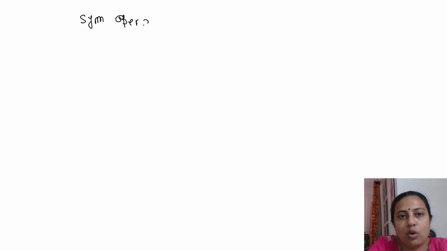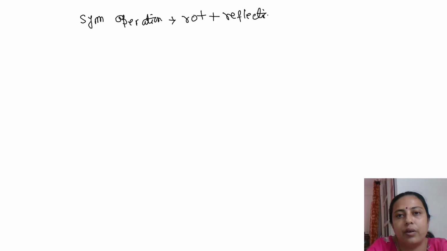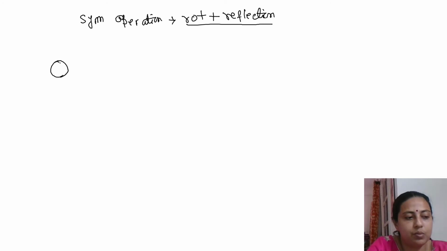Now comes the fourth symmetry operation, which is a combination of rotation plus reflection. Let us start with this molecule.